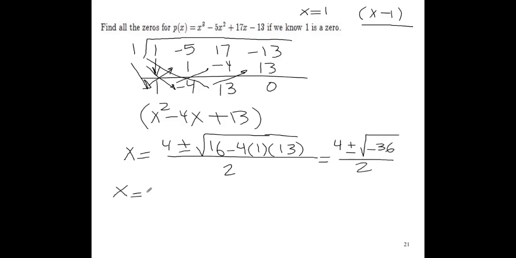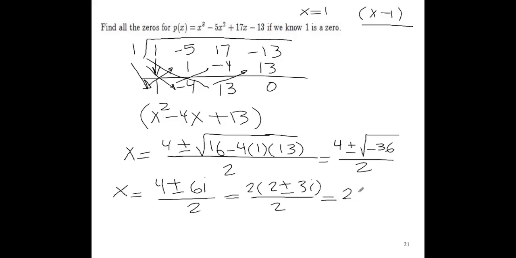So x would be equal to 4 plus and minus 6i divided by 2. If I divide each term by 2 here, or you can factor the 2 at the top, however you want to look at this, we can reduce to 2. So x would be equal to 2 plus and minus 3i.